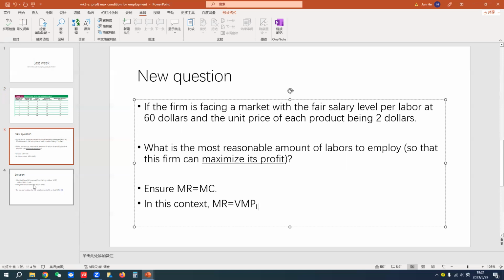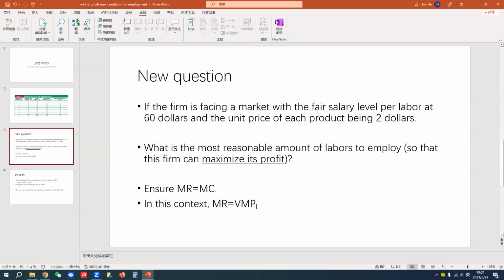Okay, now look at this question. The fair salary level per labor is $60. What is that? Well, you're hiring a worker, right? And to hire a worker, to do it legally, you need to pay them salary.